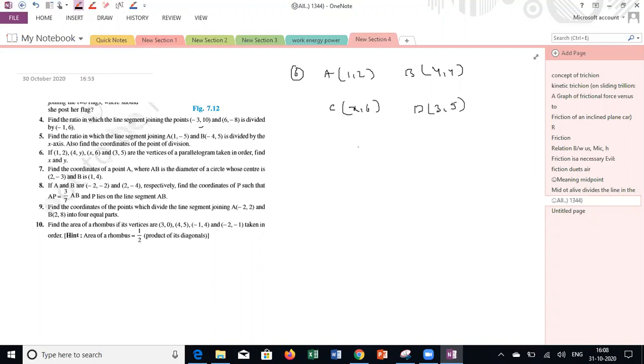Find x and y. So straight away I'm writing the midpoint of AC.